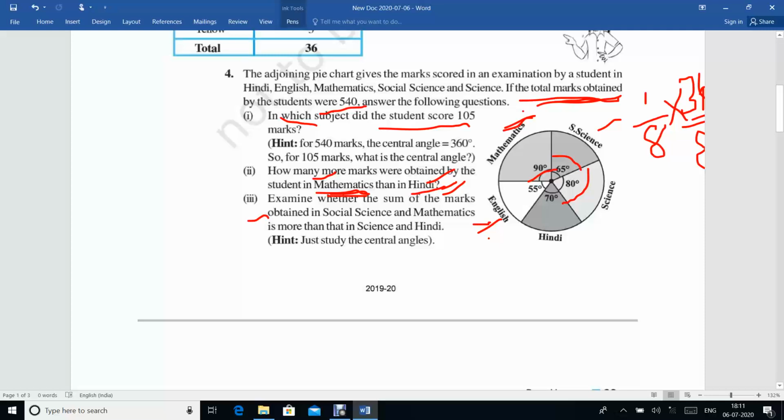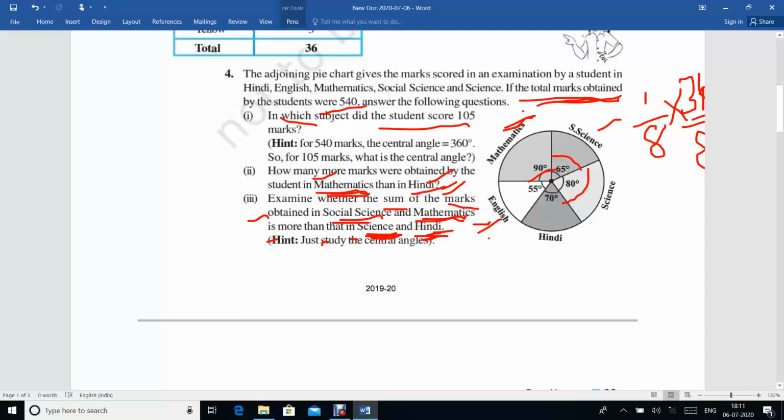Firstly you have to find the sum of the marks in social science and mathematics, and next find the sum of the marks in science and Hindi, and after that you have to explain whether he got more marks in social science and mathematics as compared to science plus Hindi.